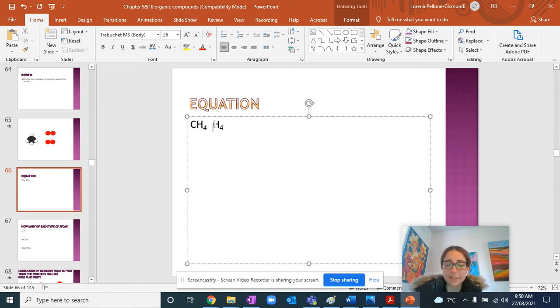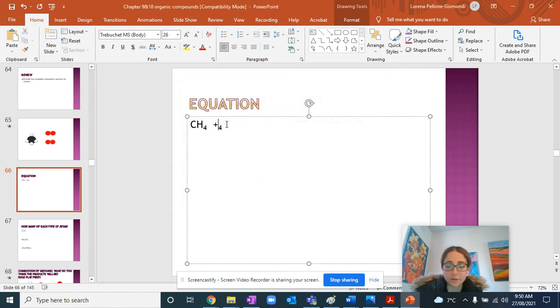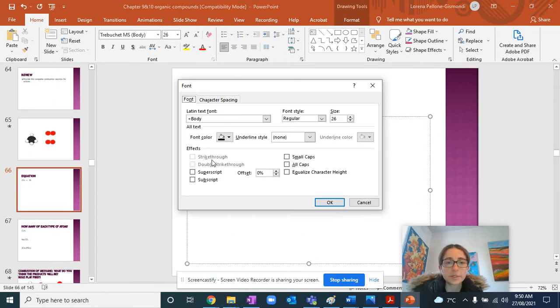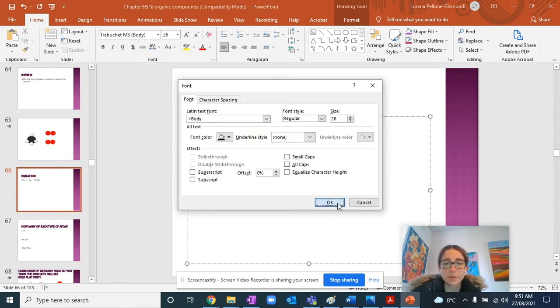So we're actually reacting with, we go plus, not sure why that's subscript, bear with me, plus 1 oxygen molecule, produces, that's where we put an arrow saying that this is the result of the chemical reaction: CO2 and H2O.